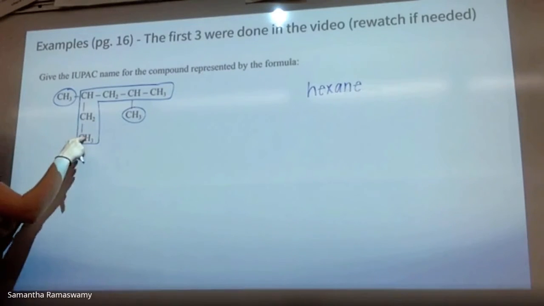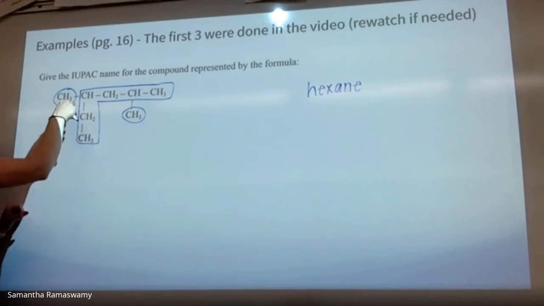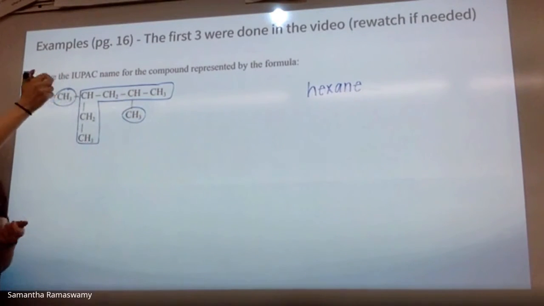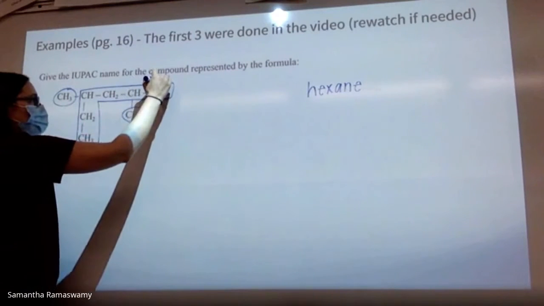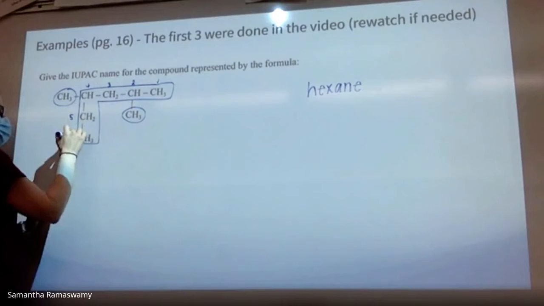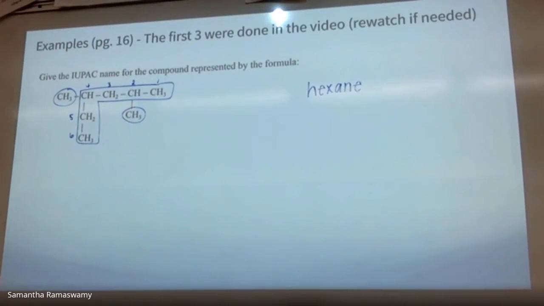So what that means is if I start here, I'm not close to a substituent. If I start here, there's a substituent on the next carbon. So I'm going to number it this way. 1, 2, 3, 4, 5, 6. You're numbering your carbons in the main chain.